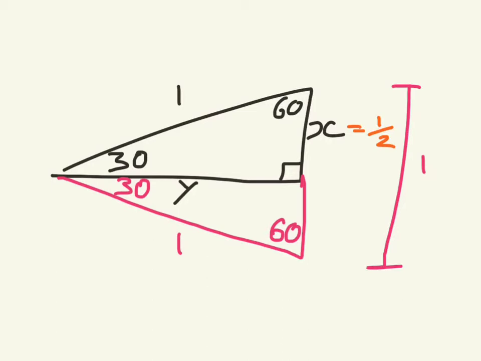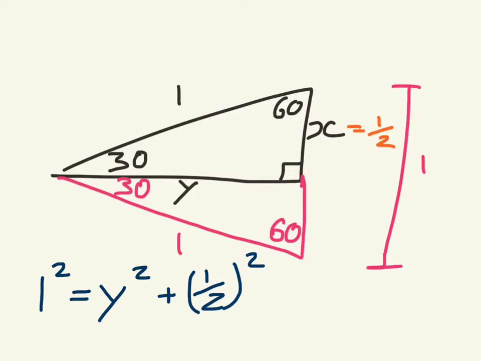So to find y, we might write something like 1 squared equals y squared plus a half squared, which means that 1 equals y squared plus a quarter.